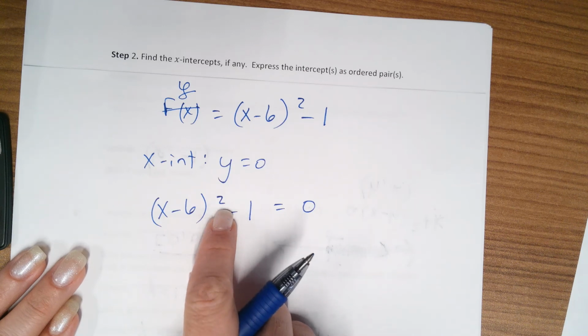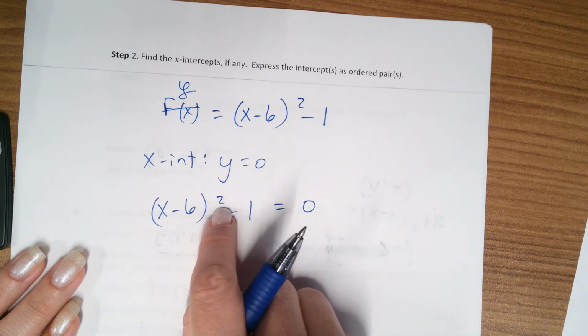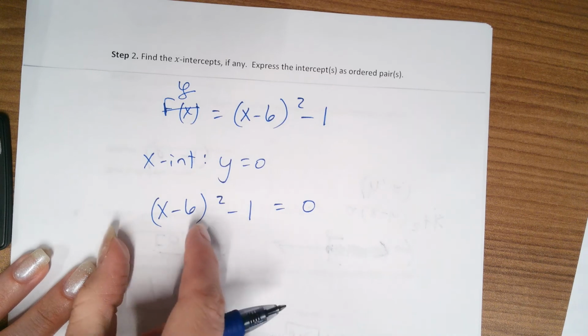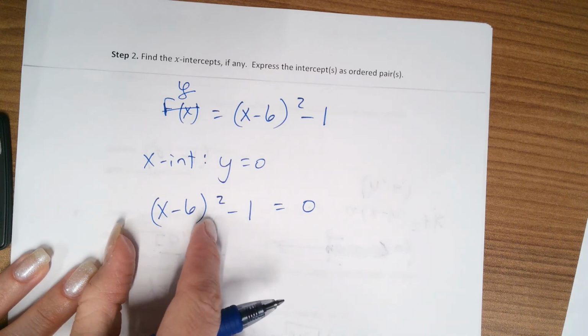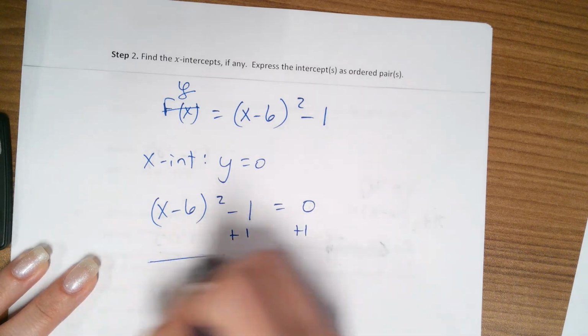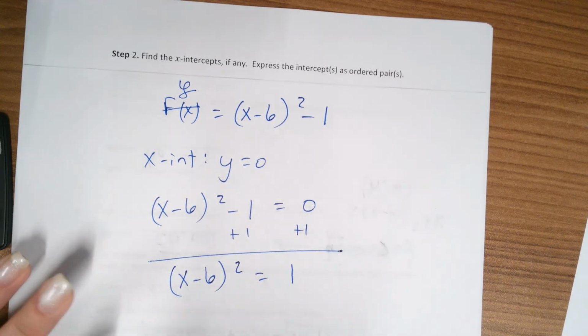One of probably the easiest ways to bust it out is to undo the square, and we can undo a square with a square root. But in order to take the square root, this thing that's squared has to be all by itself. So I need to get rid of the 1. It's being subtracted, so I'm going to add it. So I get x minus 6 squared equals positive 1.